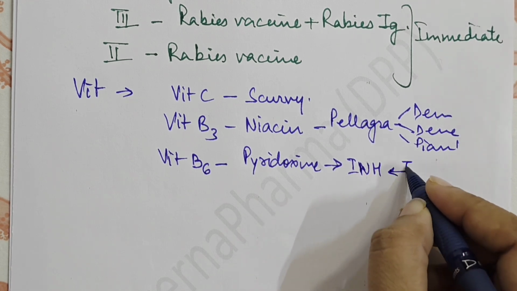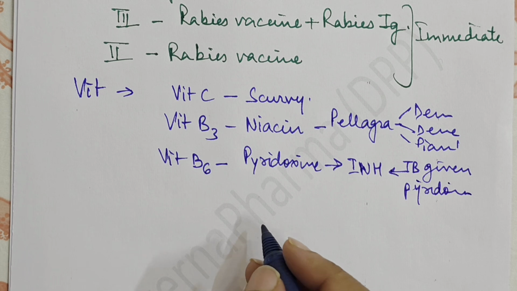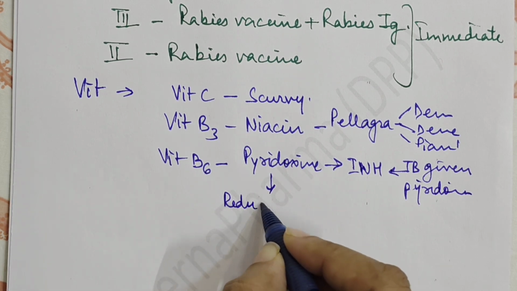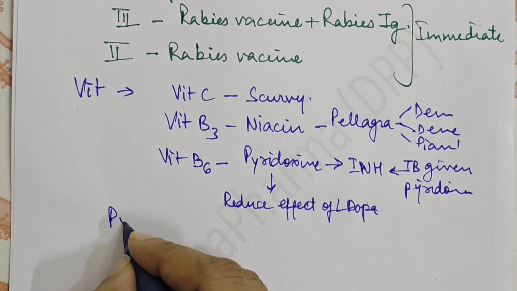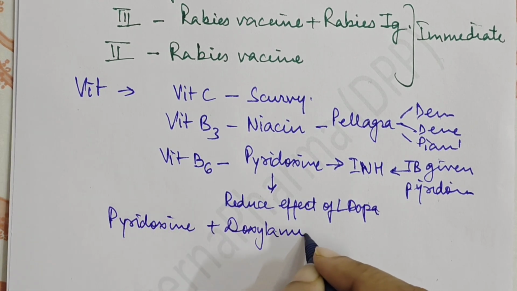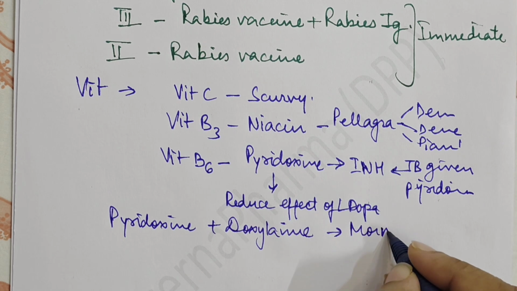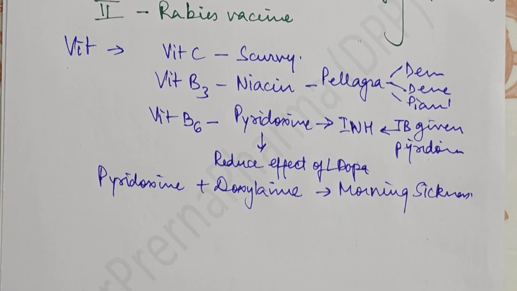So TB patients on INH are given pyridoxine, right? Pyridoxine reduces the effect of L-DOPA, so that is something important. And pyridoxine plus doxylamine is given as an antiemetic in morning sickness. It is approved. Okay, so this is something about the vitamins.